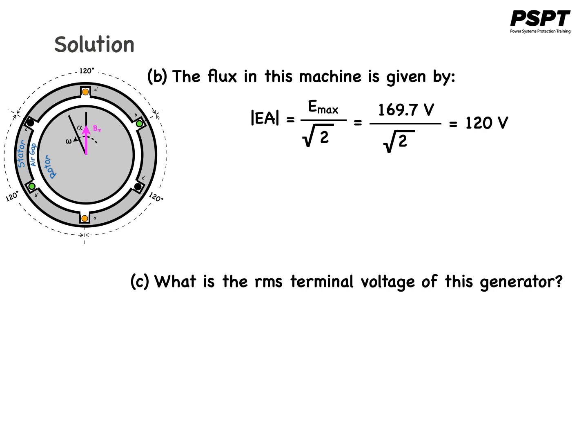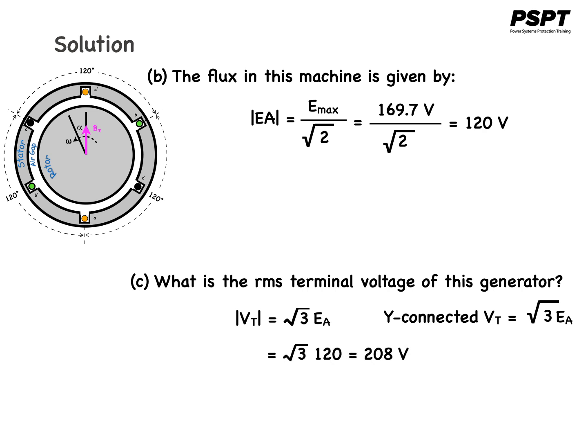The terminal voltage VT is root 3 times the A phase coil voltage. Because it's Y connected, VT is equal to root 3 times EA, the coil voltage, which is root 3 times 120, or 208 volts.